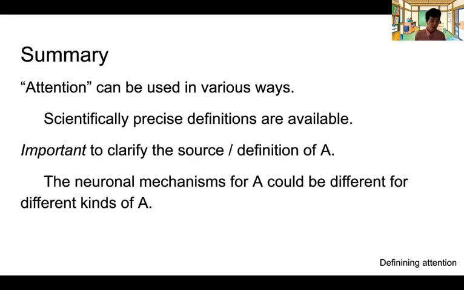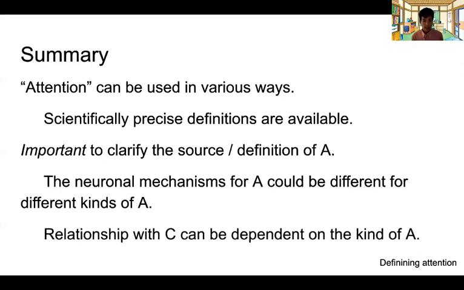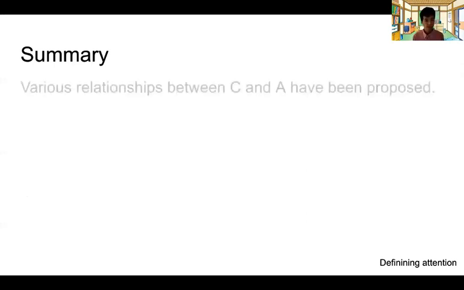And more importantly, for the neurobiological understanding of attention and consciousness, it is important to distinguish this because the neuronal mechanism for attention could be different for different kinds of attention. And this could also be true for clinical investigation of attention and consciousness.